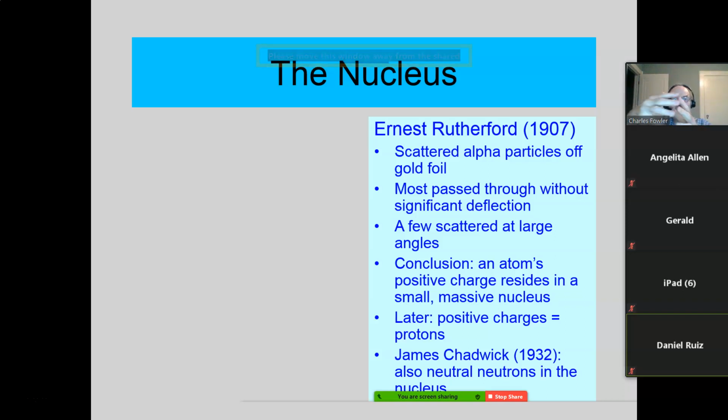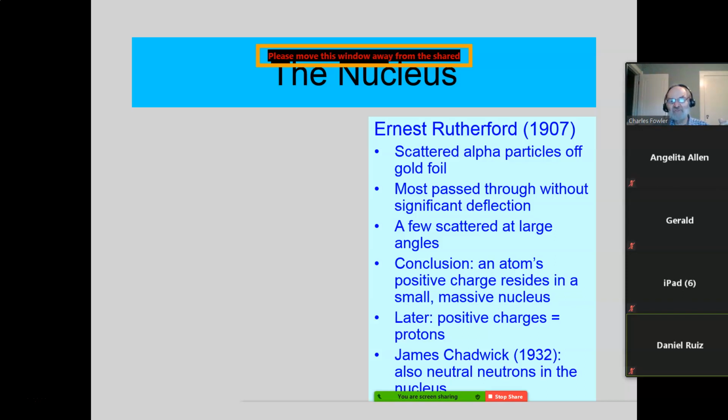So he was expecting to see significant deflection off the gold foil, so he set up his screen on the front side of the foil to measure what reflected and deflected alpha particles were going to be called.